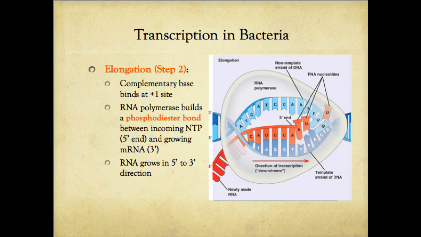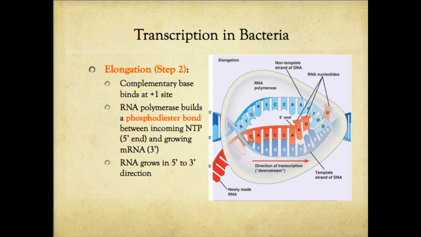So remember, the base on the template DNA, that's the first of the coding bases, gets designated as the +1 site. So this is where the first RNA base will be placed in a complementary fashion. And then, according to the next base in the template DNA, the next complementary RNA base will be placed.